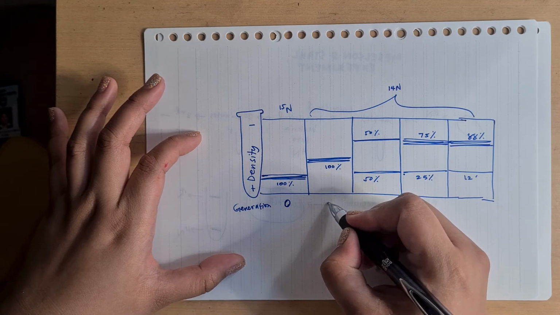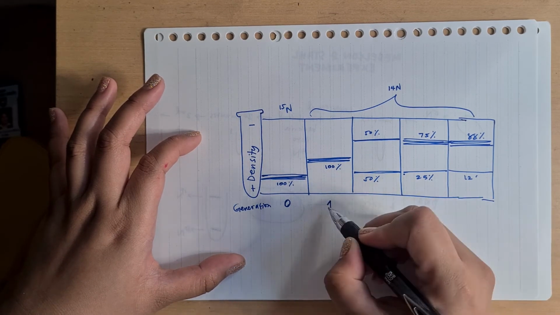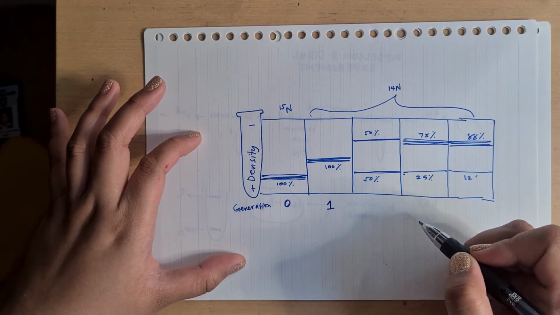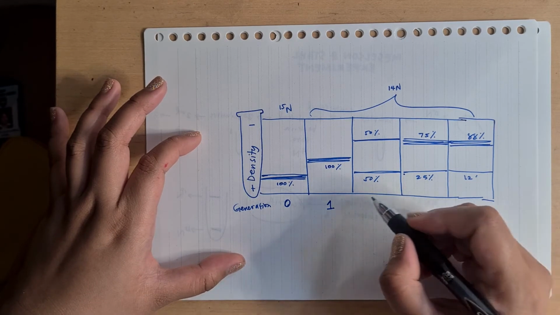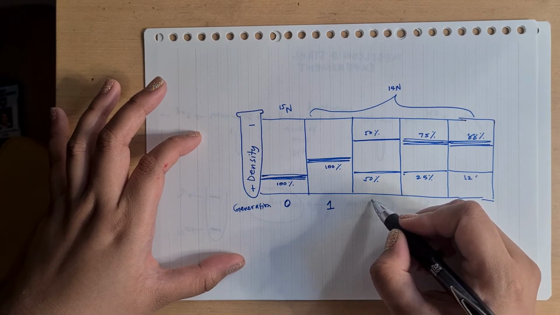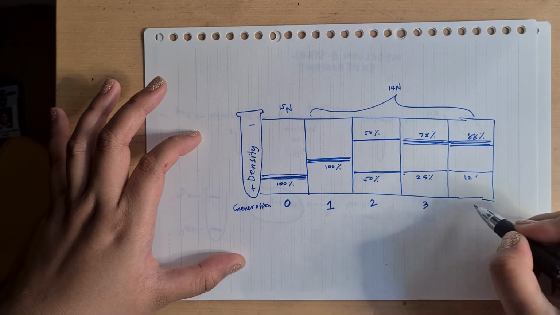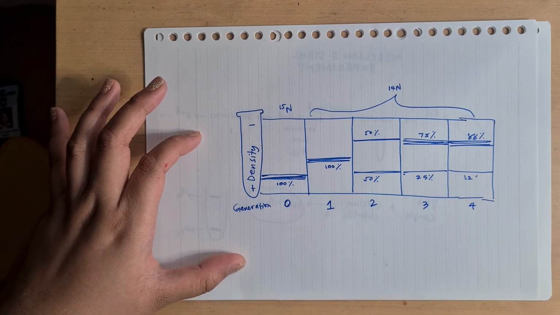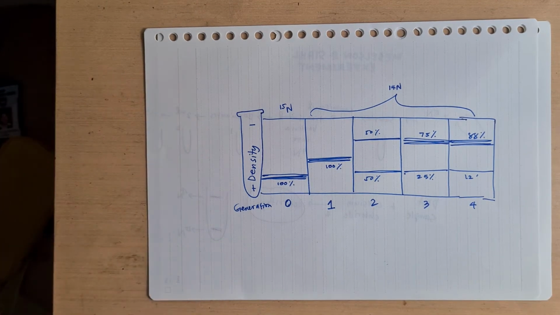The second column would be the first generation, the one that was allowed to reproduce in 20 minutes. The succeeding ones are, of course, 2, 3, and 4, wherein this E. coli were allowed to reproduce given ample time in each interval so that they could take in the nitrogen 14 from the culture.